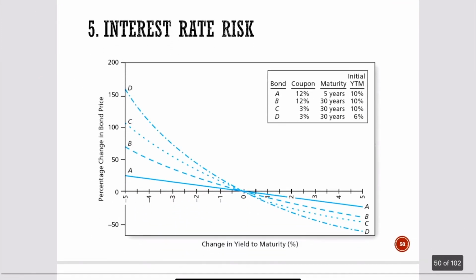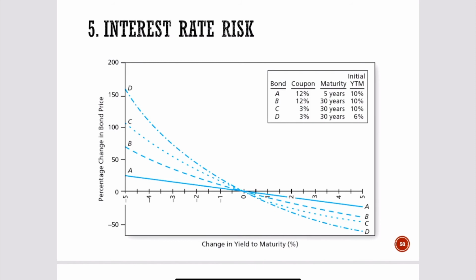Okay, now let's formally talk about interest rate risk. Remember when we were talking about bond pricing, we sort of talked about interest rate risk. Basically, we said if interest rate increases, bond price would decrease. This implies there is this interest rate risk. That is, increasing interest rate will make bondholders suffer.